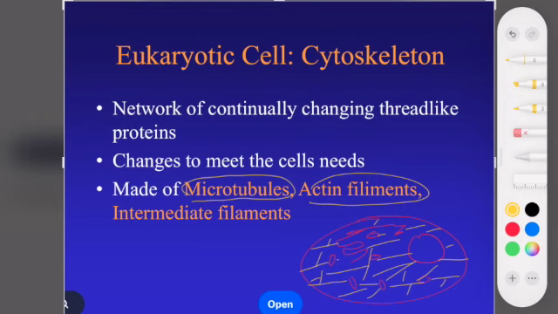When a cell divides and forms the mitotic spindle, with chromosomes pulled to the metaphase plate, these things in yellow, the mitotic spindle, are actually microtubules from the cytoskeleton.